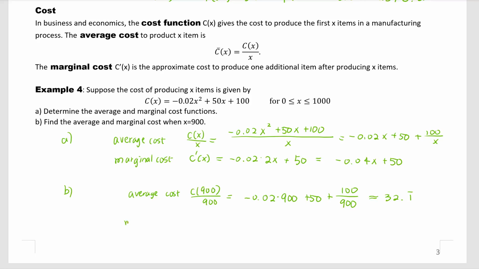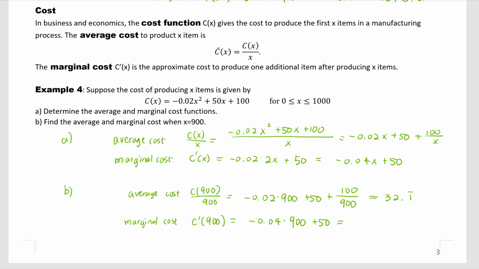And for marginal cost, so I got C prime of 900. I got minus 0.04 times 900 plus 50.